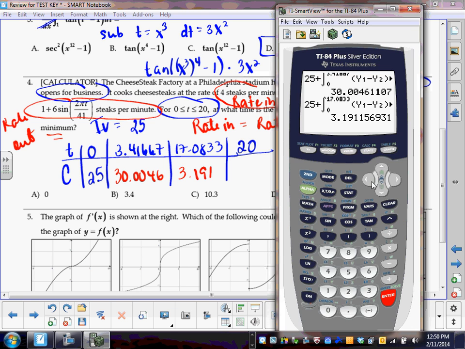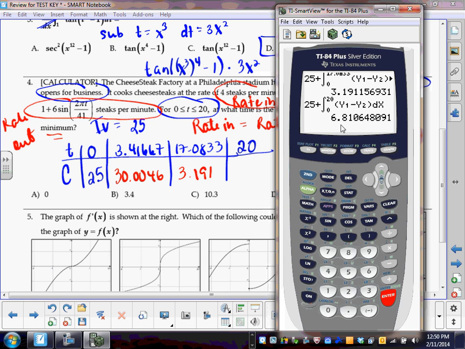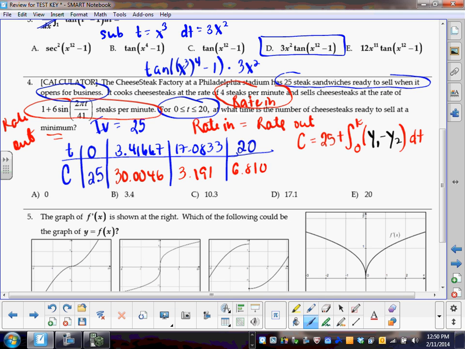And then at time 20, I'm going to clear just that part and go from 0 to 20. Still the initial value plus the change, so 6.81 total. So at what time is the number of cheesesteaks a minimum? So that's going to be at time 17.08, so 17.1. The maximum will be at time 3.4.